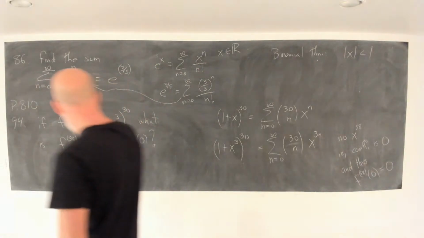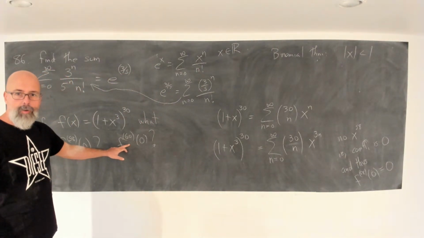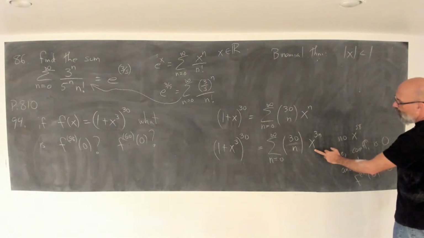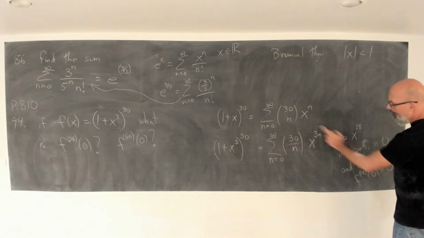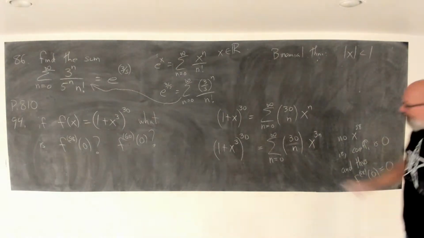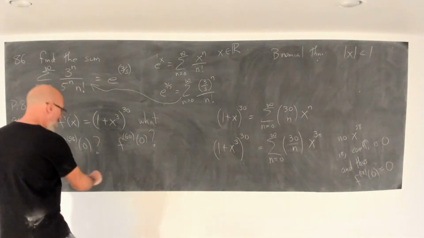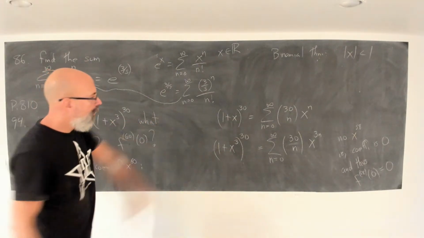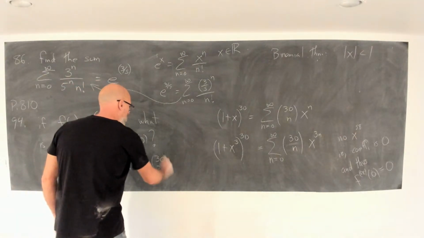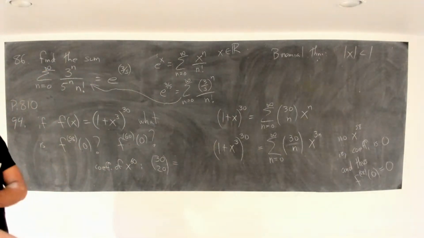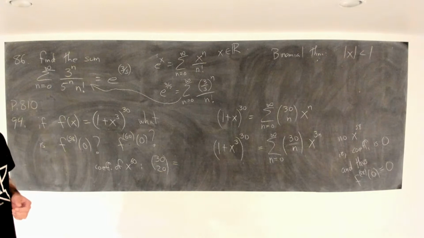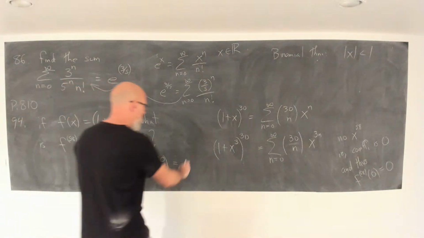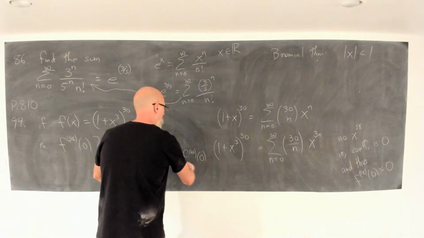What about the 60th derivative? This happens when the power of x is 60, when n is 20, so the coefficient of x to the 60 here is 30 choose 20, and in the regular Maclaurin series, the coefficient of x to the 60 is the 60th derivative at 0 over 60 factorial.